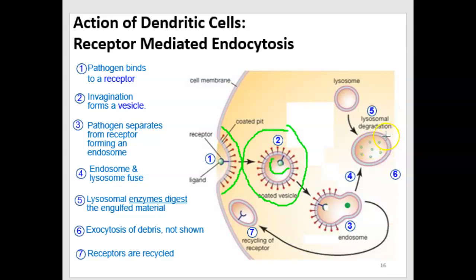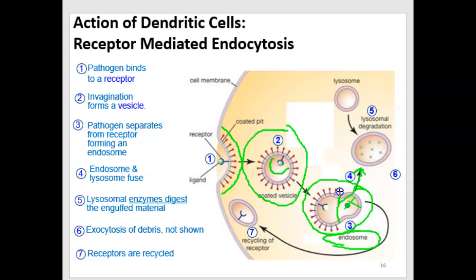But it's still going to fuse with the lysosome. And so here we have it fused with the lysosome. Now, though, it's called an endosome instead of a phagosome, whatever. But things don't really even out, meaning it really almost stays as two different vesicles, in that this part of the vesicle will degrade the pathogen and eventually undergo exocytosis.